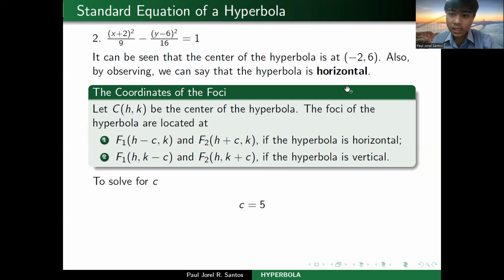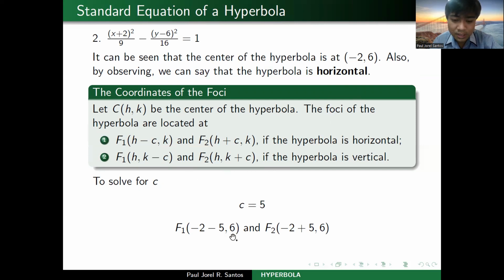We will be using this c, h as negative 2, and k as 6 in the first two formulas. Doing so, h was replaced by negative 2, c was replaced by 5, and k was replaced by 6.